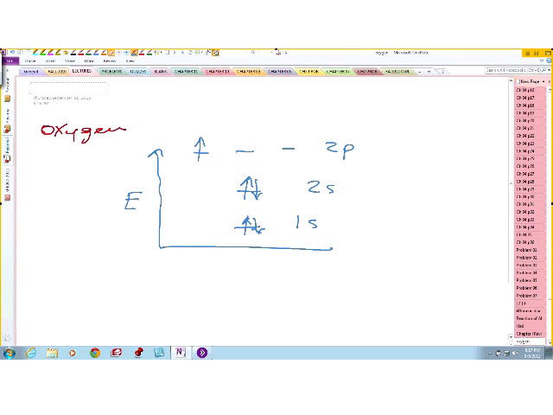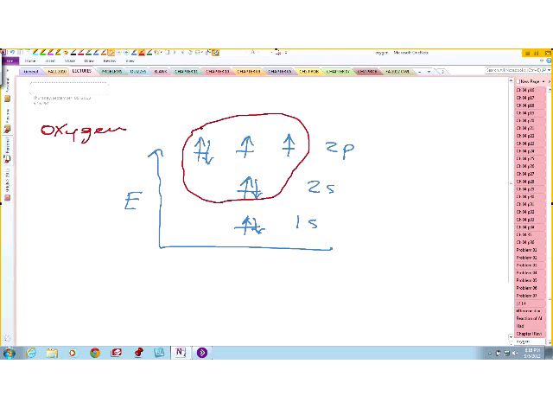You have electrons here, here, and here. So how many electrons have we used so far? 7. So therefore we place the 8th right here. Now if you take a look at this again, take a look at the valence shell of oxygen.